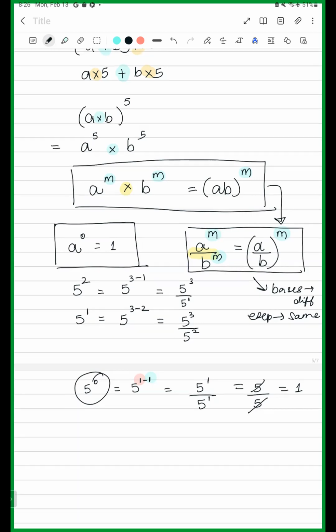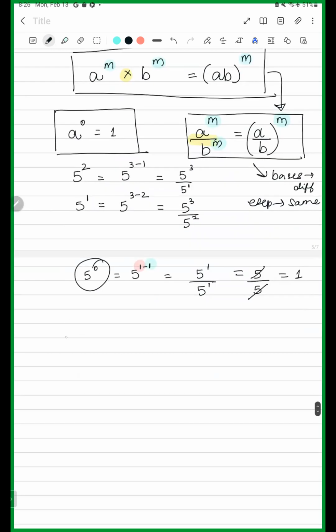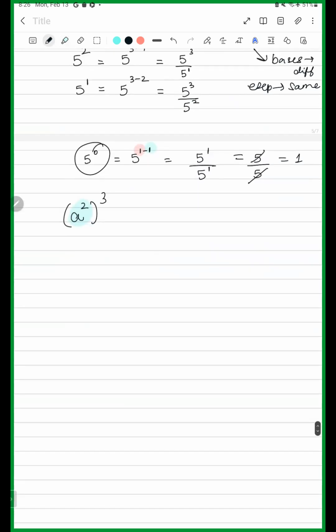अच्छा हाँ, one last is remaining. If you have a power, मतलब power की भी power अगर लें हम, for example, any number a to the power 2 whole to the power 3. इसका क्या मतलब हुआ? पहले a to the power 2 देखते हैं. a to the power 2 मतलब a multiplied by a, है ना? अब इसकी पावर 3 है, इसका क्या मतलब हुआ?